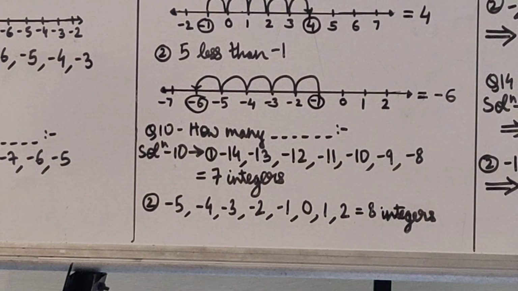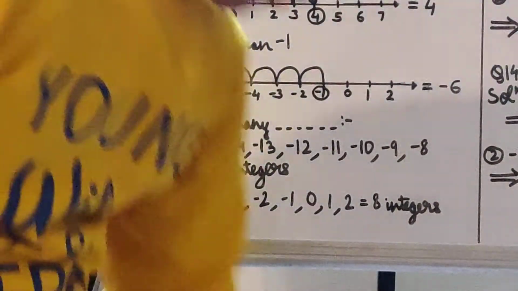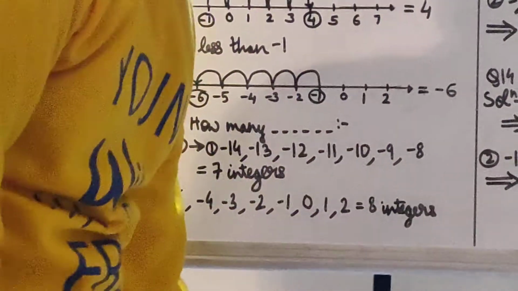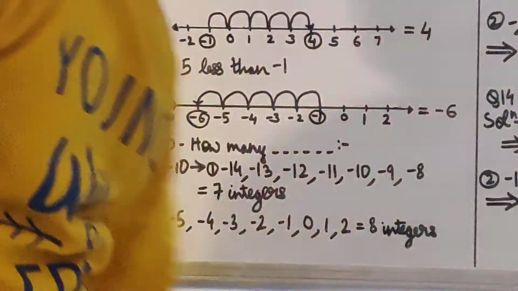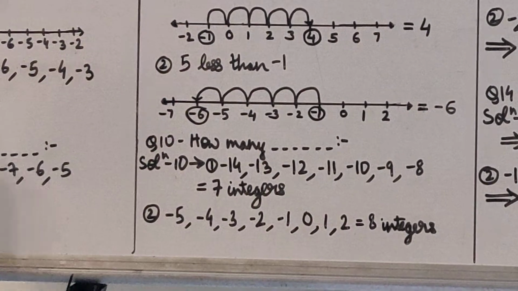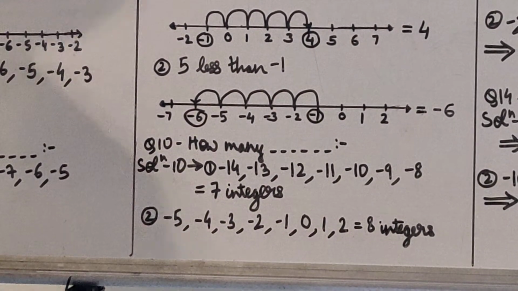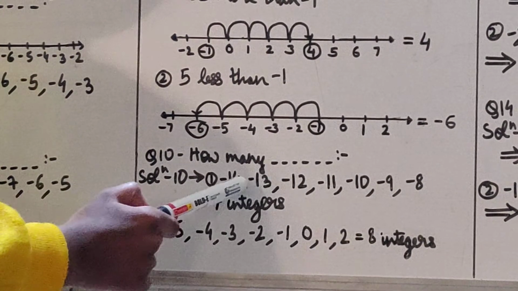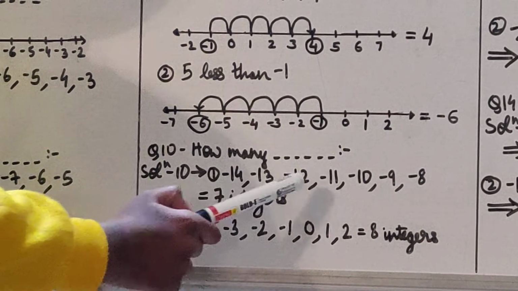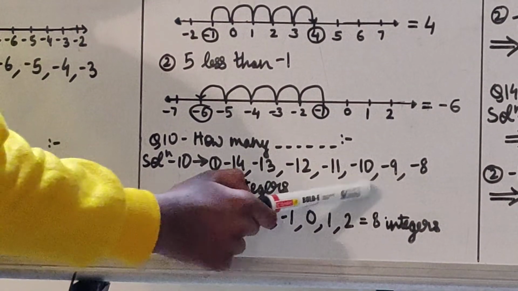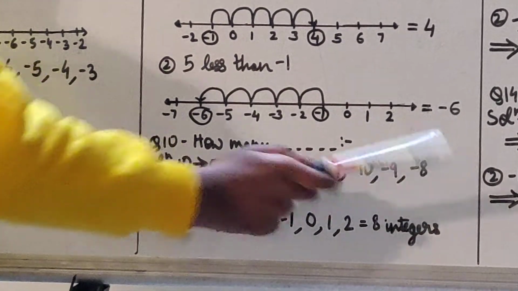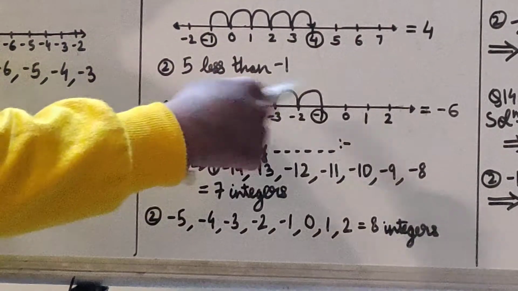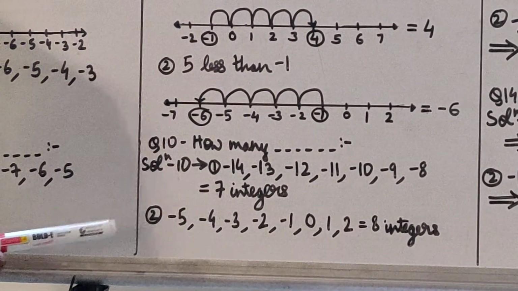Okay. Now question 10. Question 10 is, how many integers are there between -15 and -17? So these are the integers: -14, -13, -12, -11, -10, -9 and -8. So in total there are 7 integers.